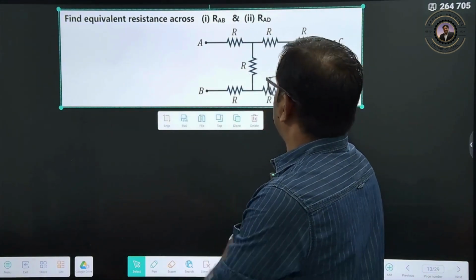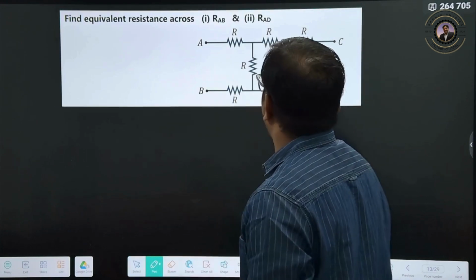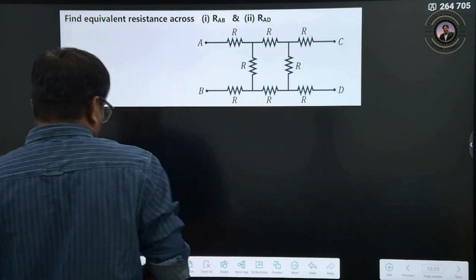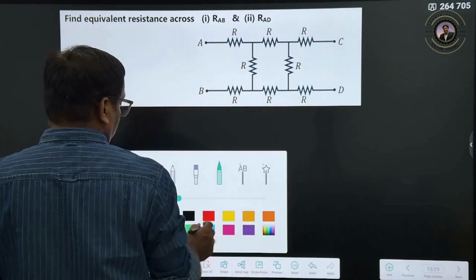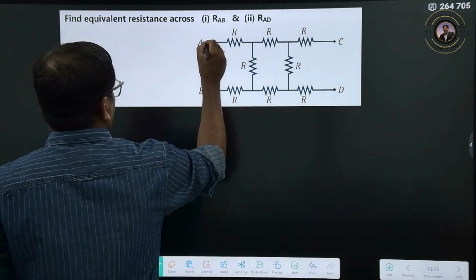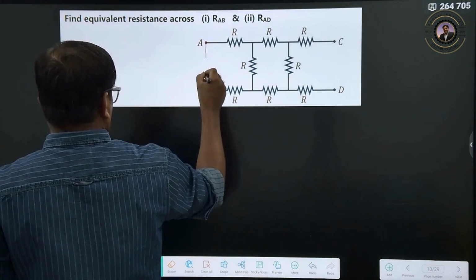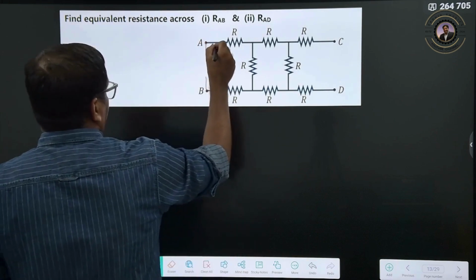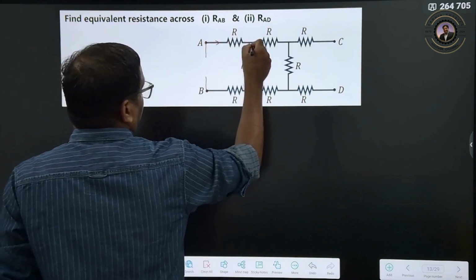Find the equivalent resistance for AB and AD. Okay, AB and AD. So we'll do AB first, across this. Clear? Suppose you connect a battery here, the current will go and get divided here.